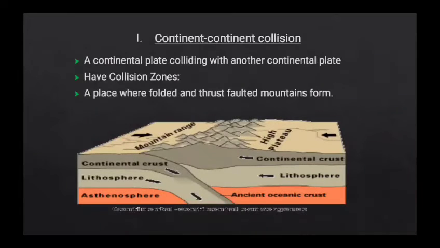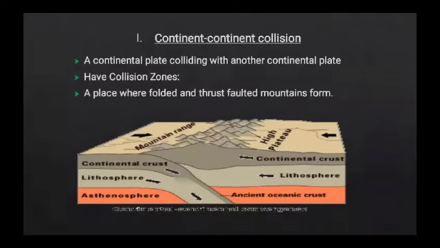Ano nga ba yung continent to continent collision? A continental plate colliding with another continental plate has collision zones, a place where folded and thrust-faulted mountains form. So kapag yung isang continent ay nag-collide naman sa isang continent, it forms a mountain. So, nakikita nyo yung illustration dito.